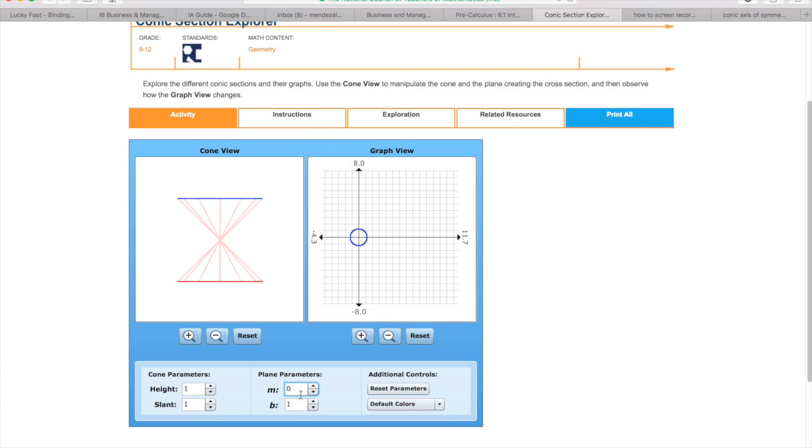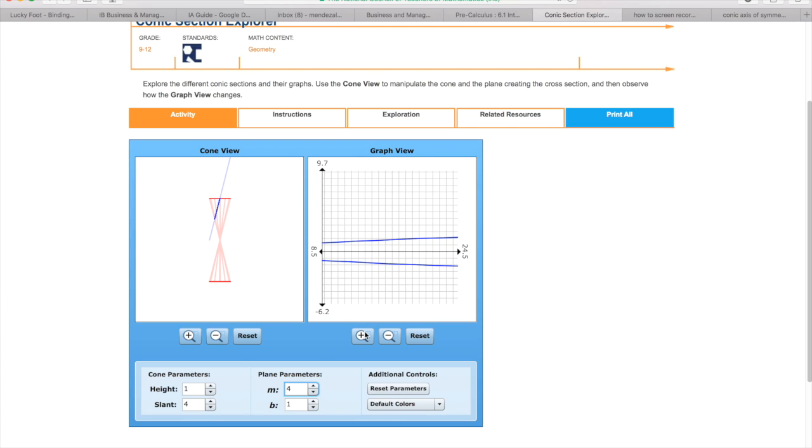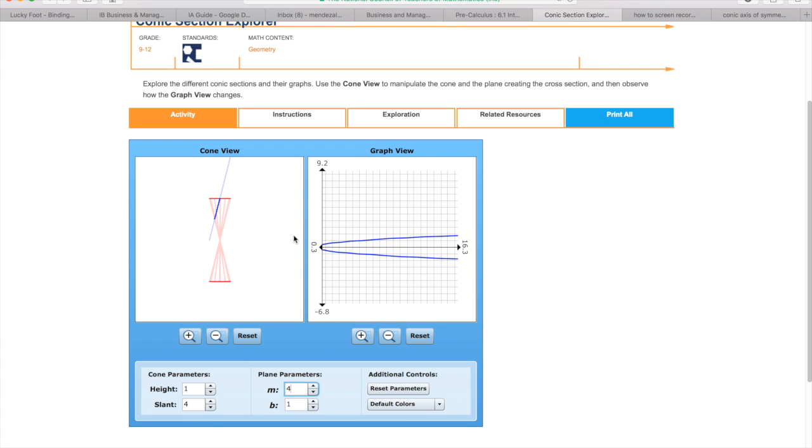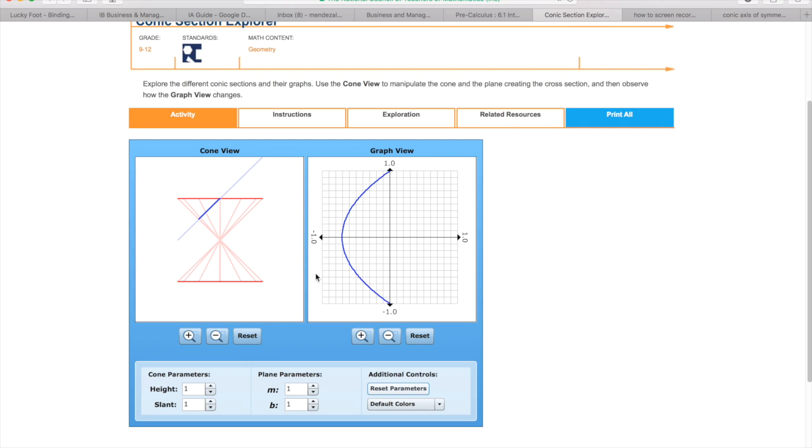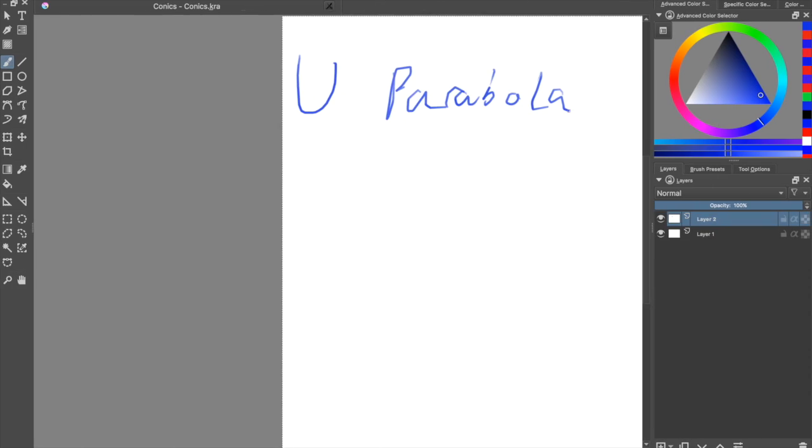We got a circle. Let's do 0.5. We got an ellipse. What does that mean? Let's make our slant into, I don't know, 4. And our m, let's make it into 4 as well. Oh, we got a parabola. This is a parameter as well. So what does this tell us?